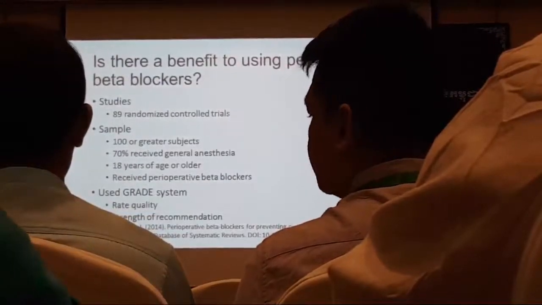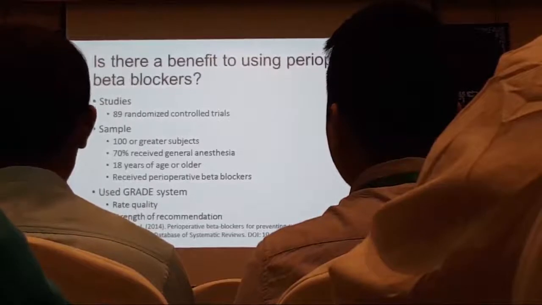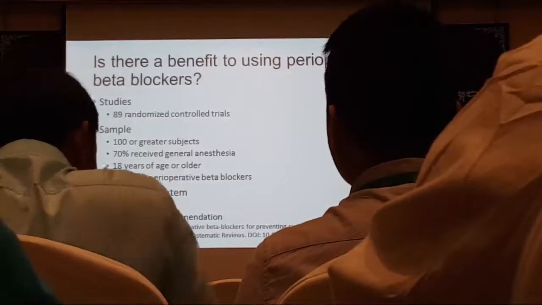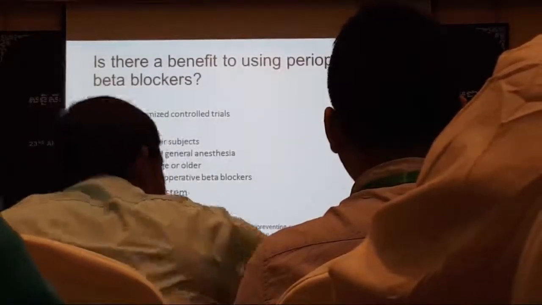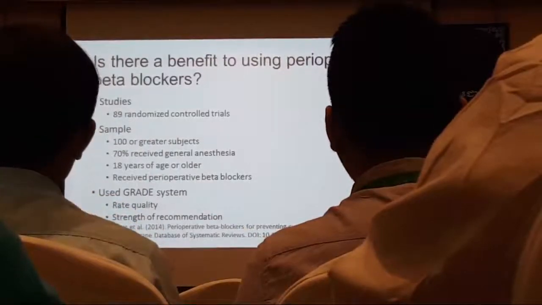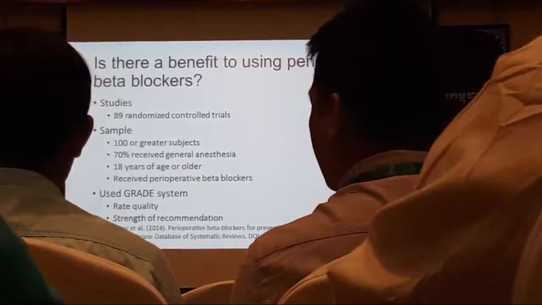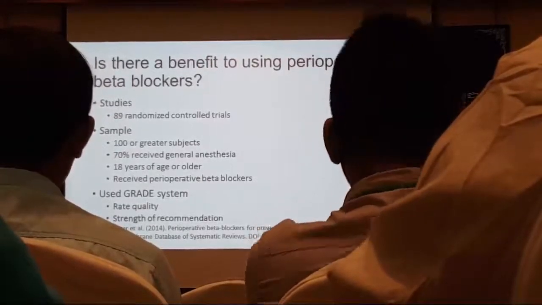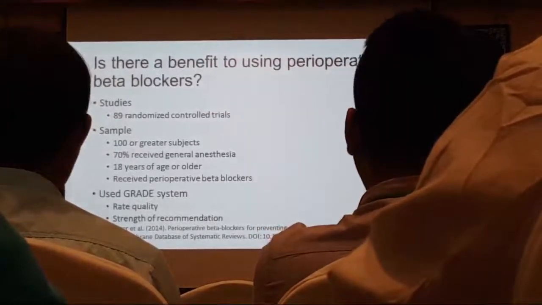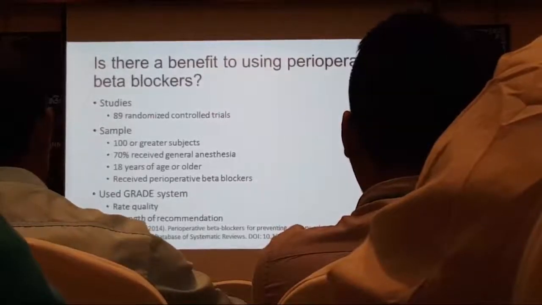There's a great deal of evidence in terms of the use of beta blockers. There are 89 randomized studies that were used in a Cochrane database review that looked at the use of beta blockers during the operative time.